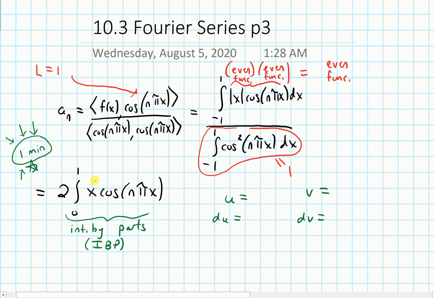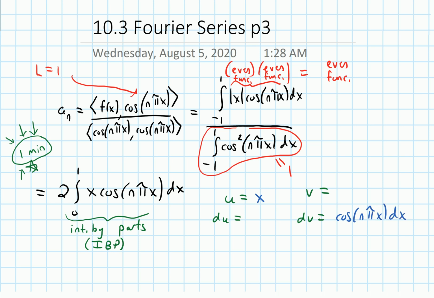So I begin by writing down what u and dv are. So u, I'll let it be x. dv, I'll let it be the other stuff. Oh, and actually I forgot to write the dx here. So dv is going to be the cosine of n pi x dx.